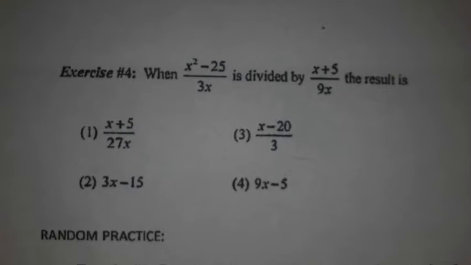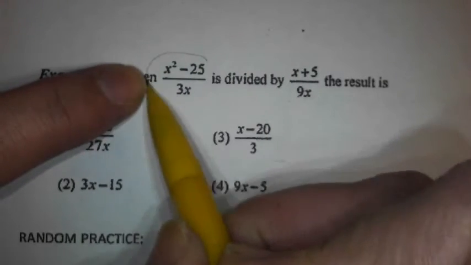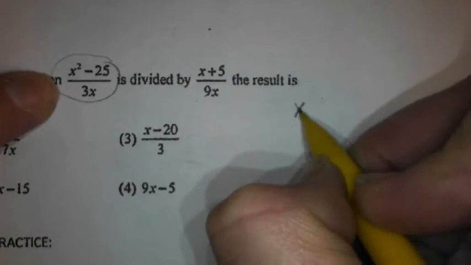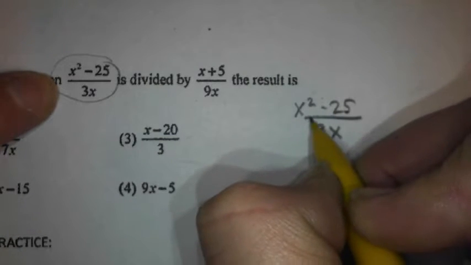More of the same. Let's jump to the multiple choice. And it's just the division without the divided sign. It actually says the words. So the first thing we're going to do is keep that over 3x.